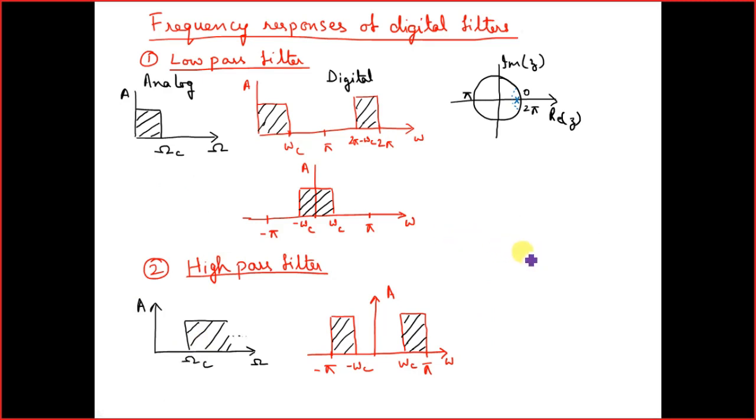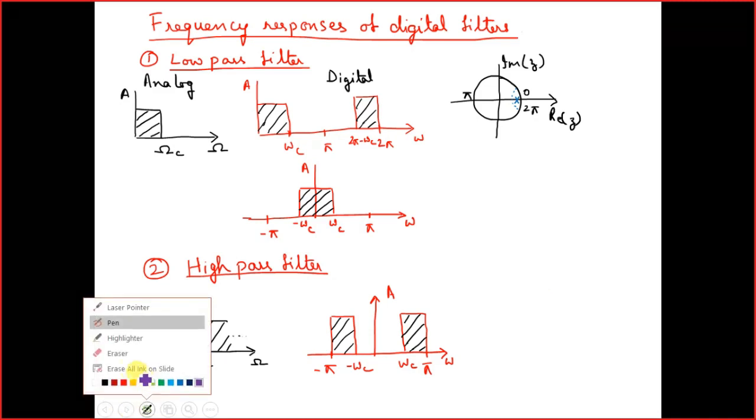Now, in similar logic, if we go to the high pass filter, in the analog domain we have a cutoff at omega c, and higher than omega c all the frequency components will be passed through. Now let me draw.